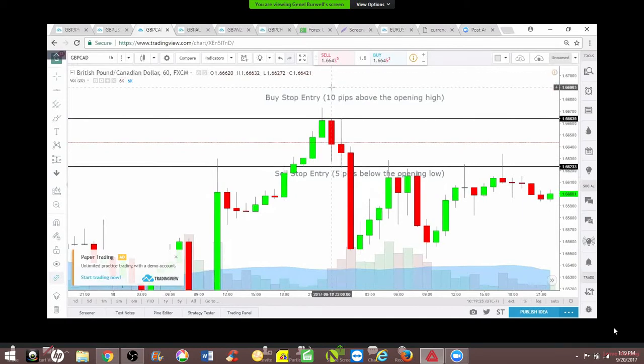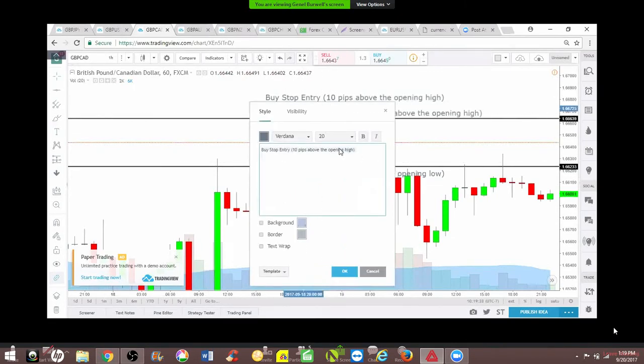So when it is a buy, our stop loss will be at the low. And so let me add that text to it. Our stop loss, if your buy activates, will be at the low of the opening candle.